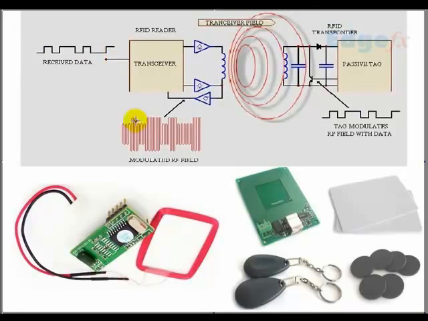This is how the data transfer takes place from the card or the tag to the reader, and it only passes on the information about the specific number of the card.